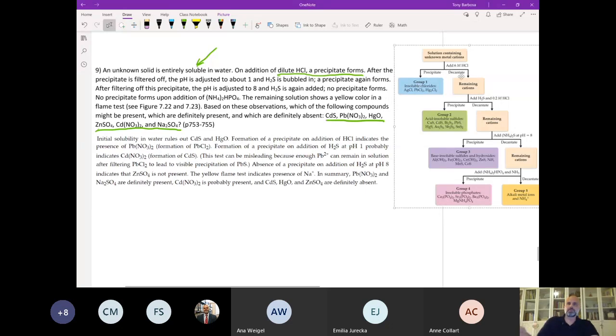If you're paying attention, when we add HCl to solution, we're going to see a precipitate with silver chloride, lead chloride, and this mercury Hg2Cl2. So we can see that more than likely, because remember, we have lead ions present in solution, lead is going to come crashing out of solution in that first step.